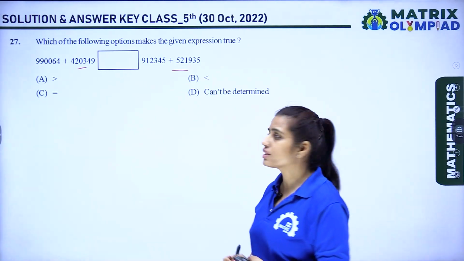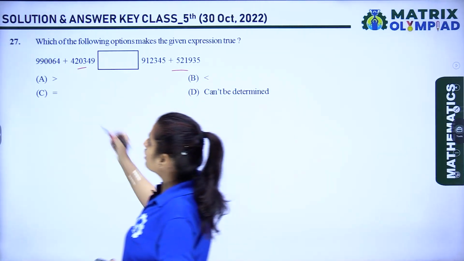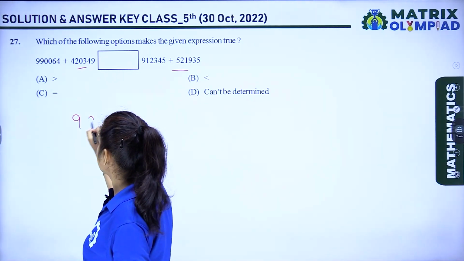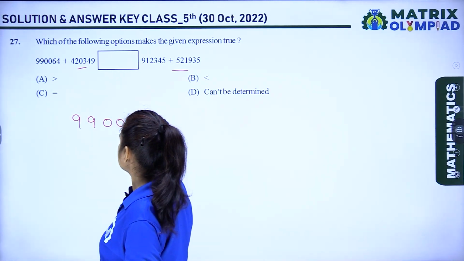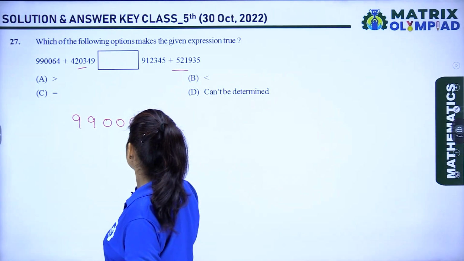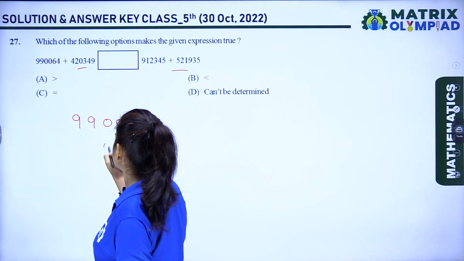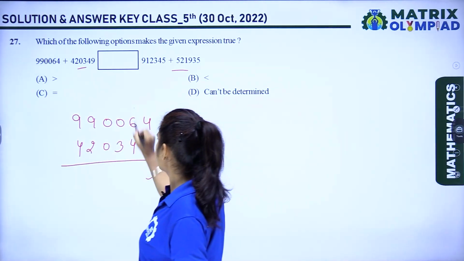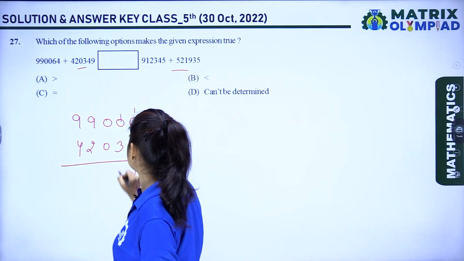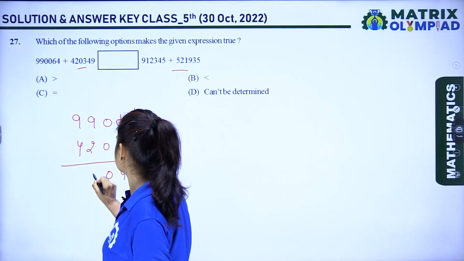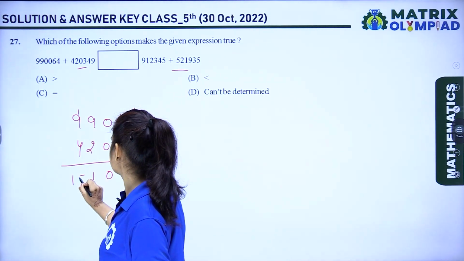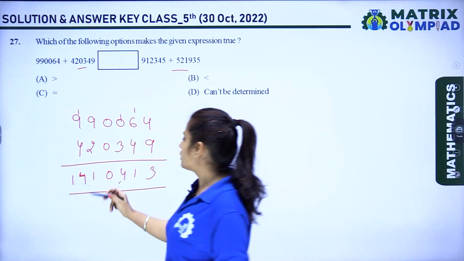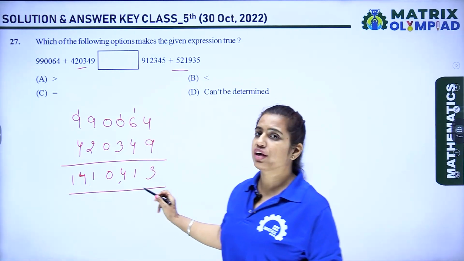Now first add the sum of this expression. Here it is. It's 13. So it's 14,10,413.